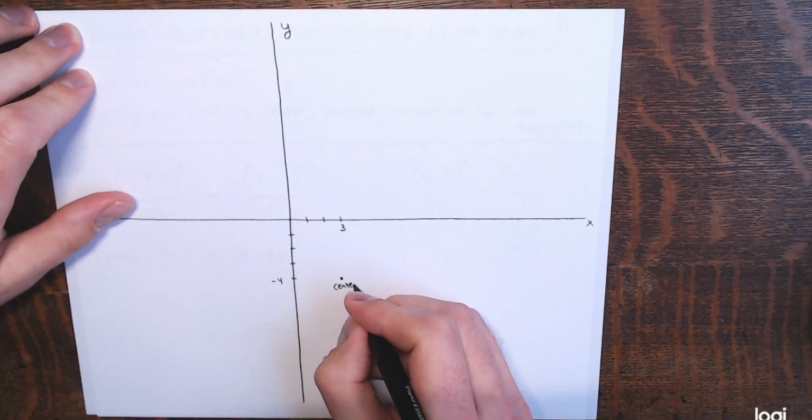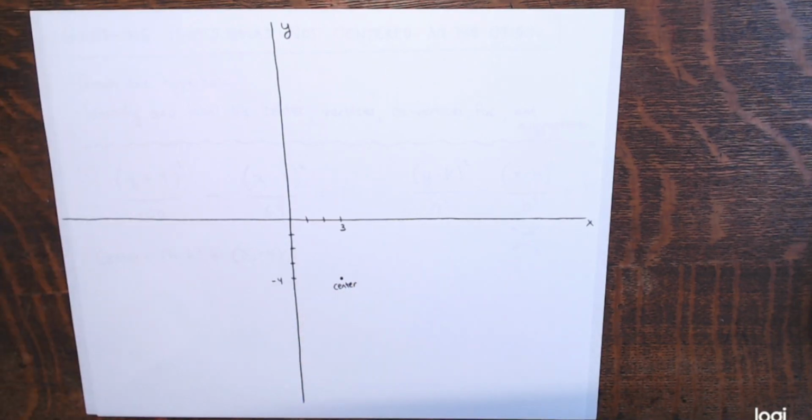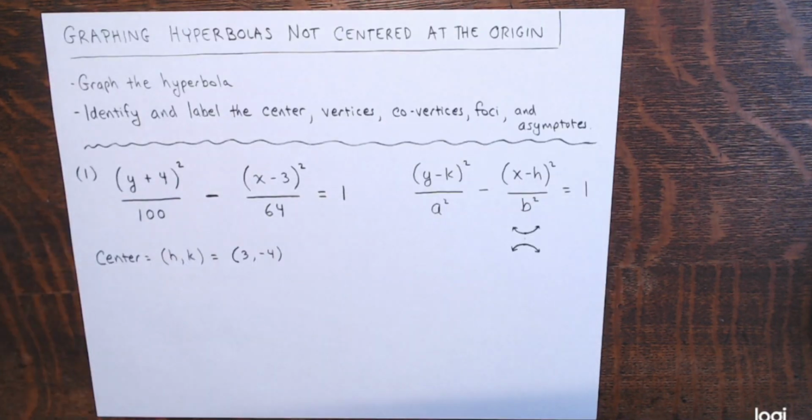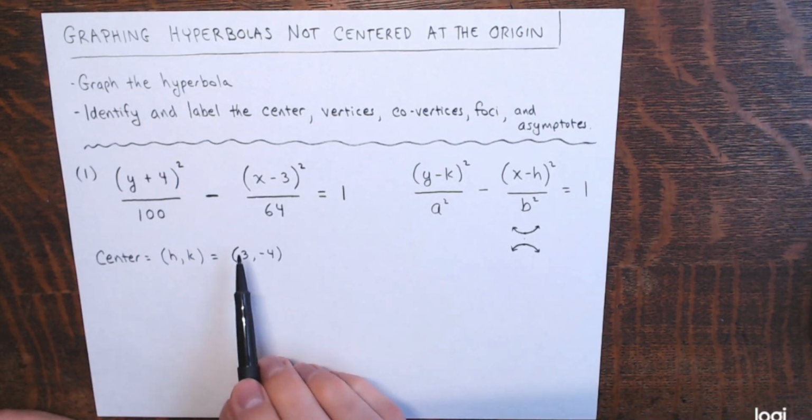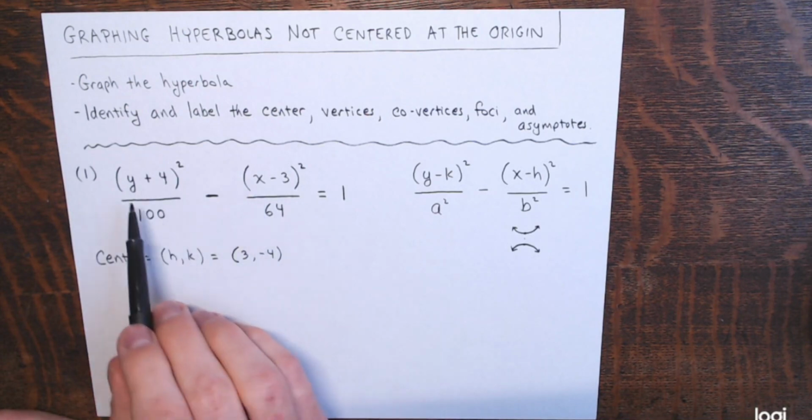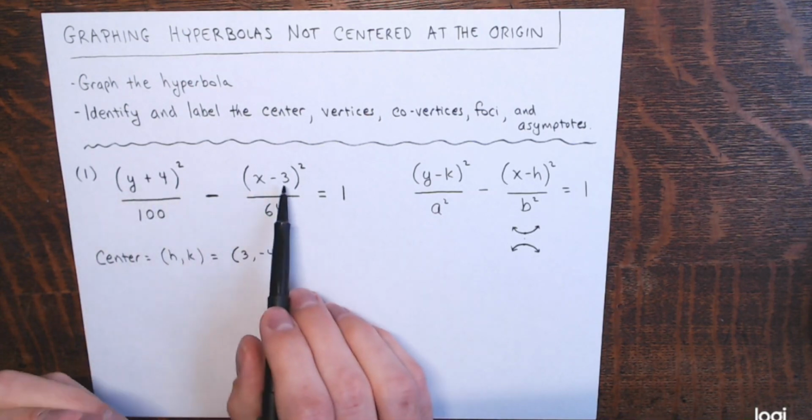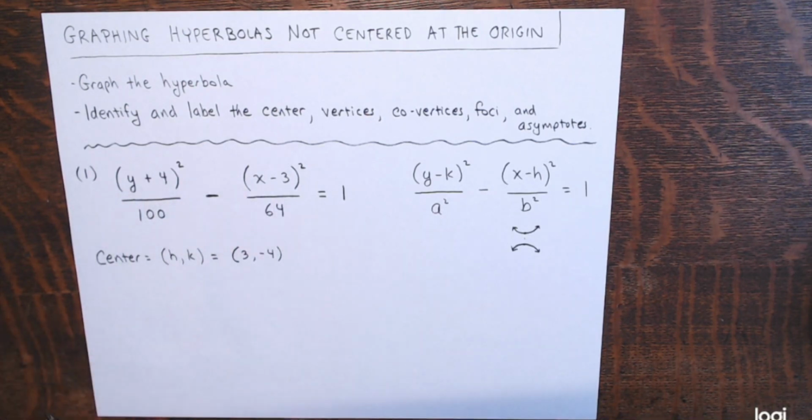Now remember, the center is not on the hyperbola. The center does not solve the equation or satisfy the equation. If you were to put in 3 for x and negative 4 for y, as I mentioned, this side would be 0. You'd have 0 equals 1. That's false. So the center is more of a guiding point, but not a solution.